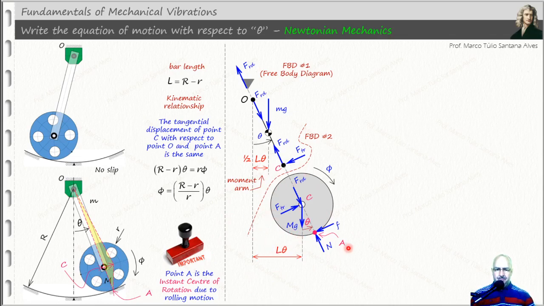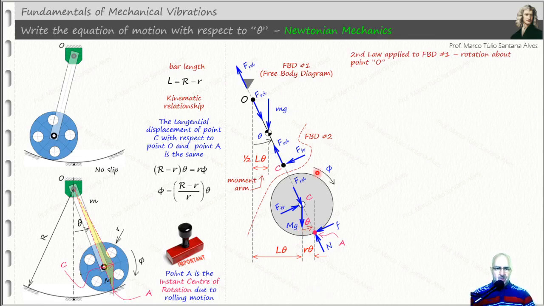And the last one, we need the moment arm about A, between the weight of the disk and point A, because of the rolling motion. This moment arm is equal to r times sine theta, this distance here.